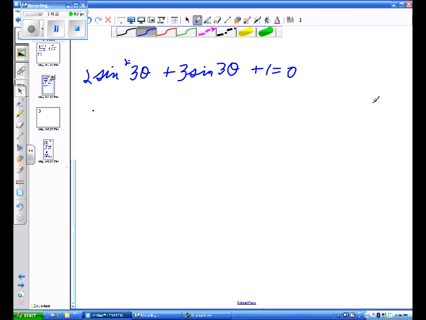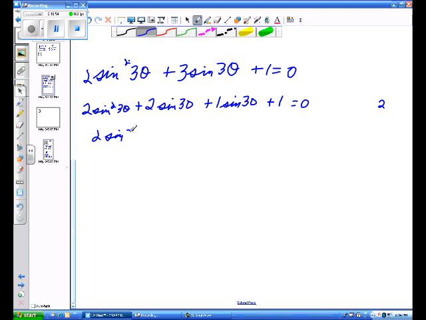2 times 1 is 2. I want numbers that multiply to be 2 and add to be 3. So that's 1 and 2. So 2 sine 3 theta, 1 sine 3 theta. That gives me the 3. The signs are the same. They're both pluses. If you're not comfortable with factoring, then use your quadratic formula, and you would be finding the sine of 3 theta.